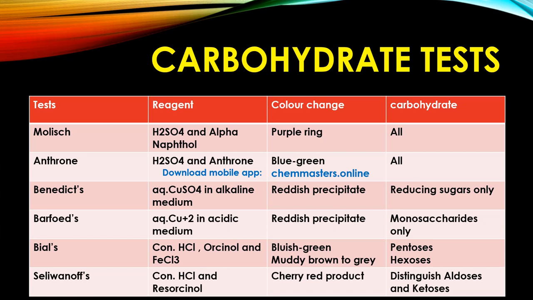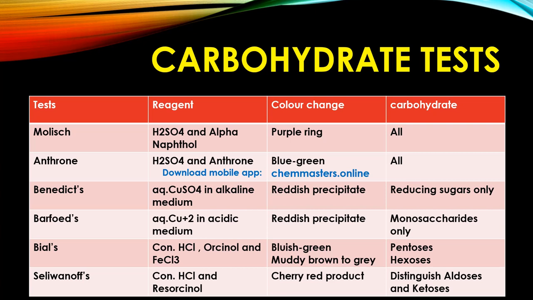Now Barfoed's test: here the reagent is aqueous copper plus 2 in acidic medium, and it also gives a reddish precipitate, and we can simply say that it is a monosaccharide. We can also differentiate mono, di and polysaccharides based on the rates of the reactions. Now Bial's test: the reagent is concentrated HCl, orcinol and FeCl3.